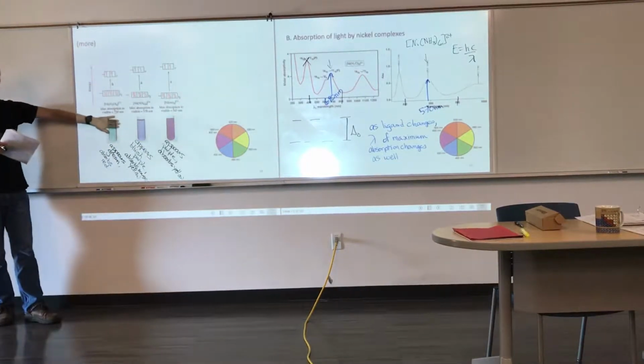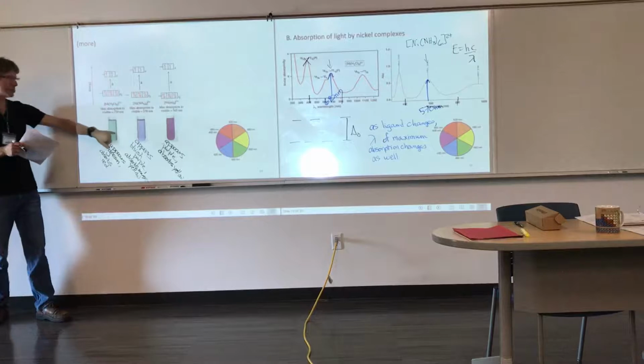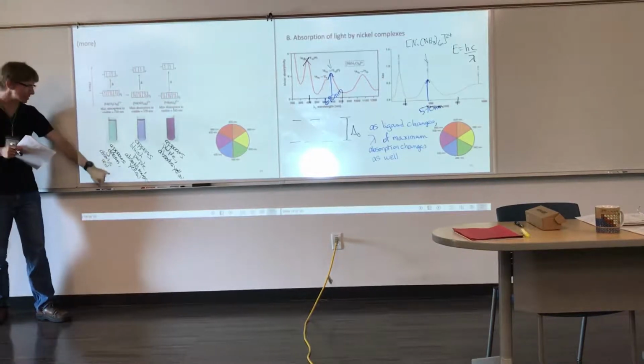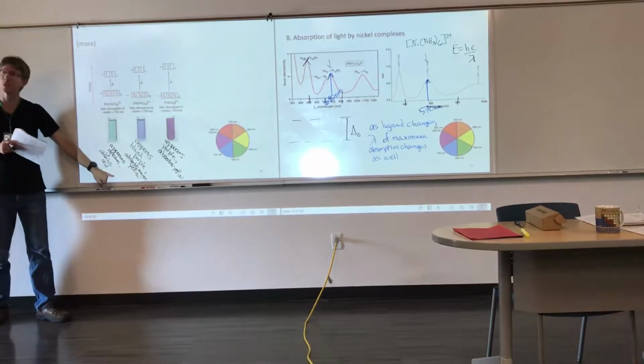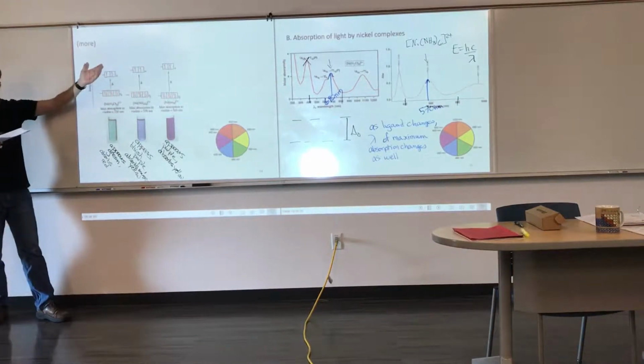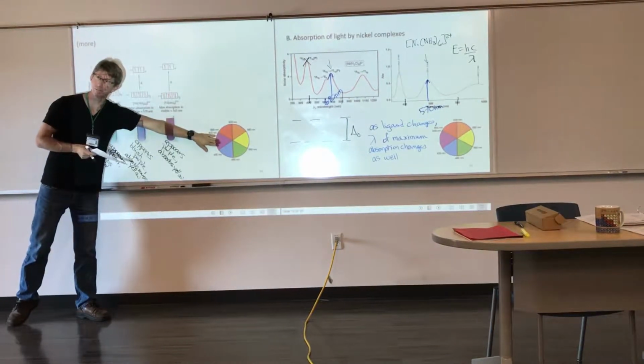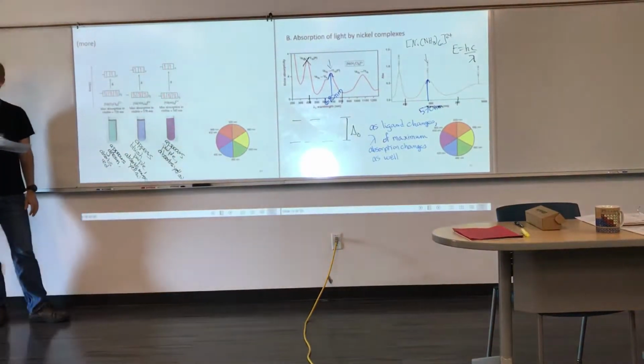Any questions about this? Things that you need to know about this for your exam. If I give you two colored materials, you have to translate it into the absorption and say which one has a larger delta value. So you'll have the color wheel, in fact, to help you do that as well.